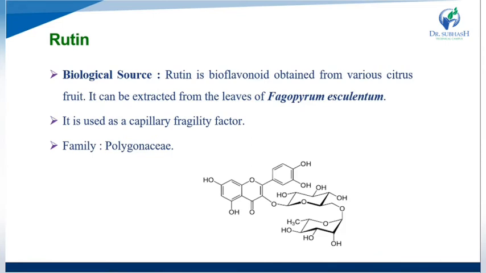So now we see the second glycosidal drug, that is rutin. Their biological source: rutin is a bioflavonoid obtained from various citrus fruits. It can be extracted from the leaves of Fagopyrum esculentum.